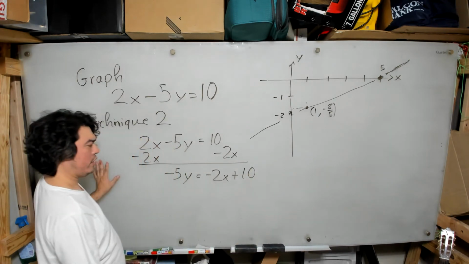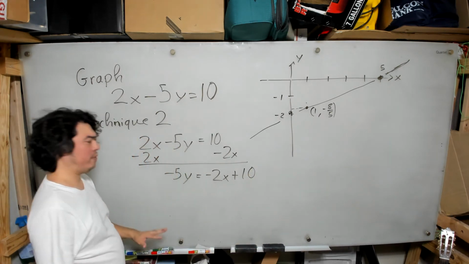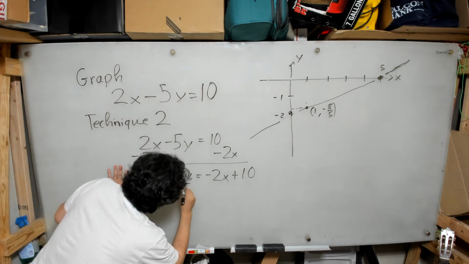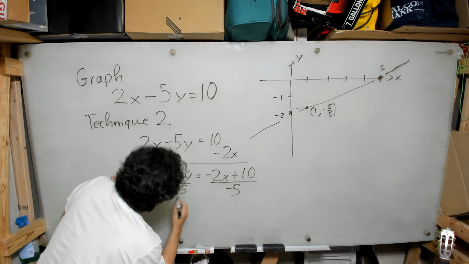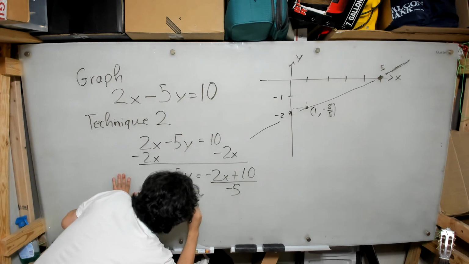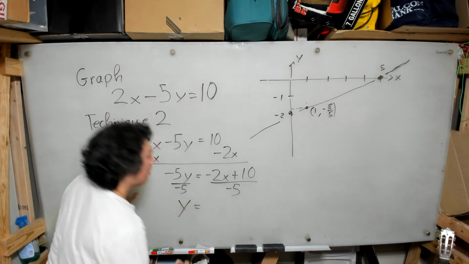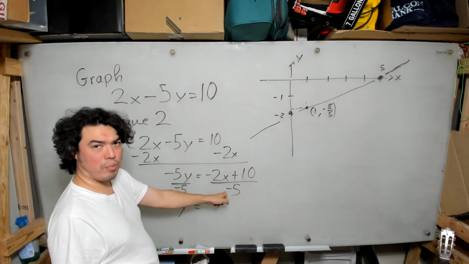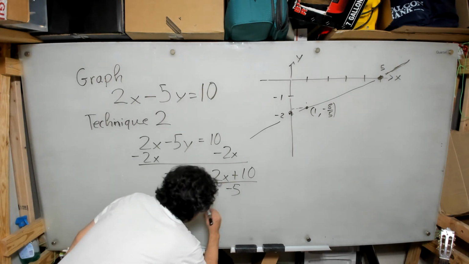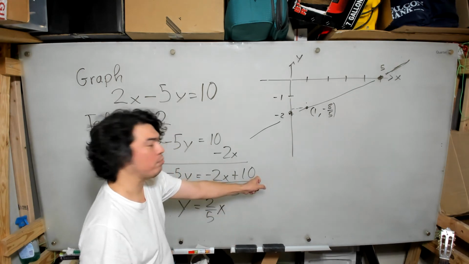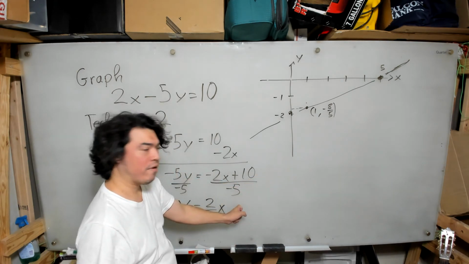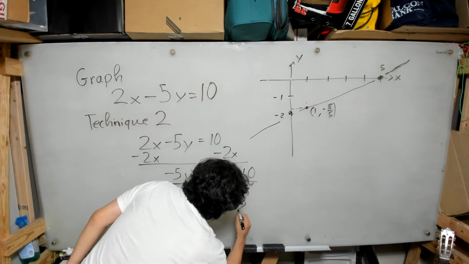Then I'm going to divide both sides by negative 5 to get the y by itself. The negative 5's cancel here, and I'm left with y equals a negative divided by a negative, which is a positive, so this will be positive 2 over 5 x. Then 10 divided by negative 5 will be a minus 2.